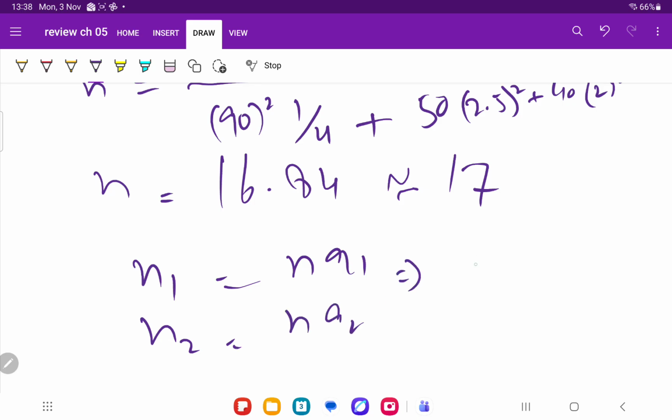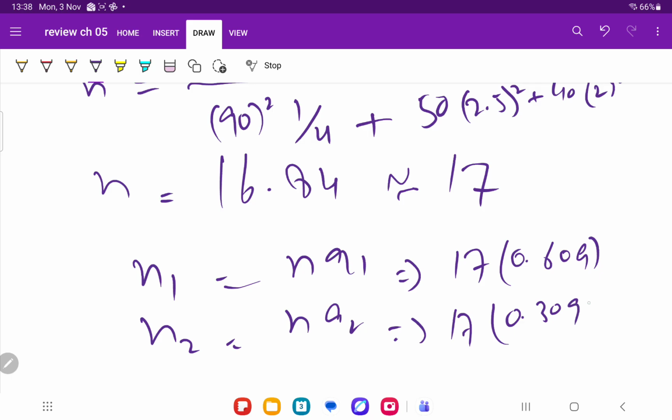So n is 17 multiplied by 0.609 and 17 multiplied by 0.309.